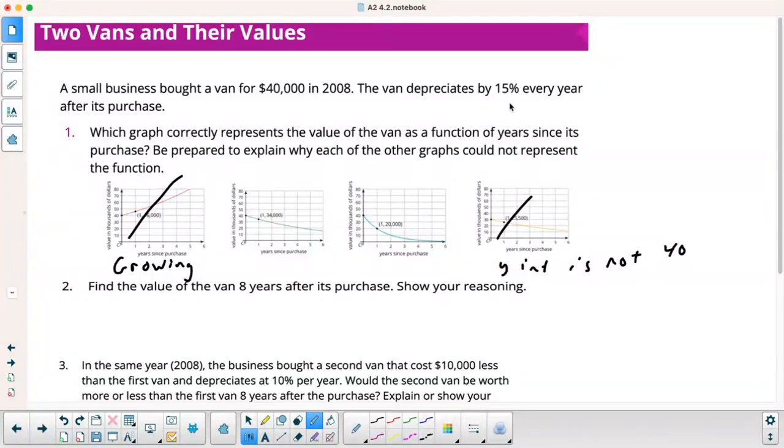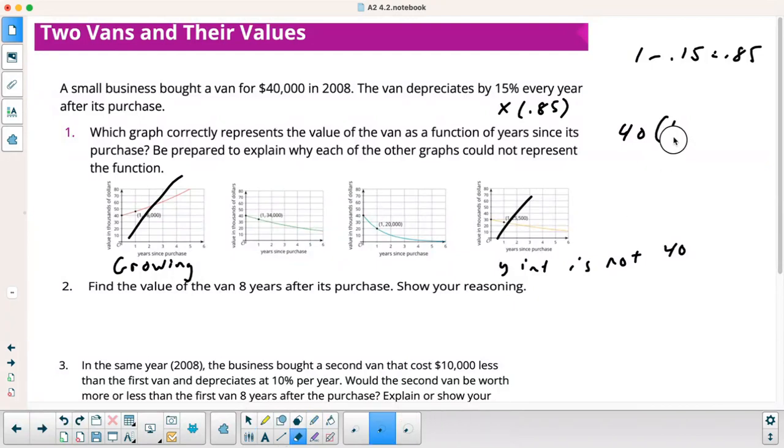So if you're depreciating by 15%, you're going to basically be multiplying by 0.85 because 1 minus 0.15 gives me 0.85. So what I need to do is take 40 times 0.85 and see what that gives me. 40 times 0.85 is 34.